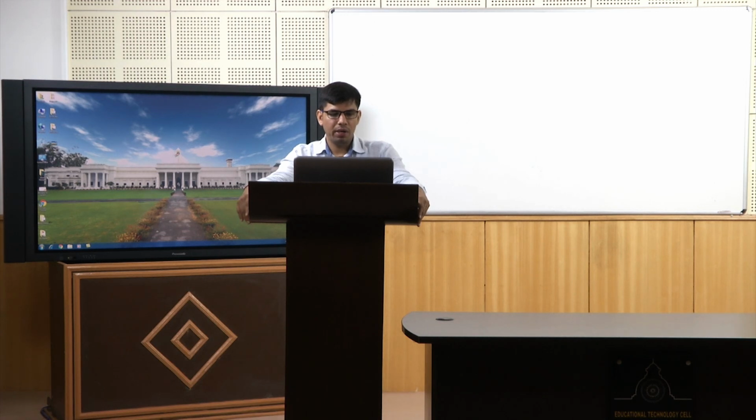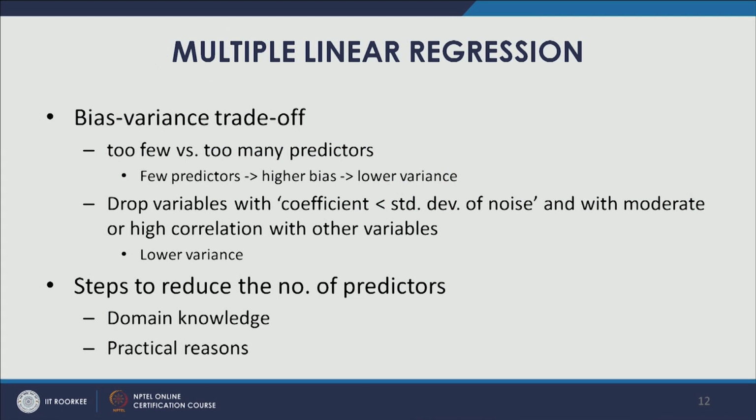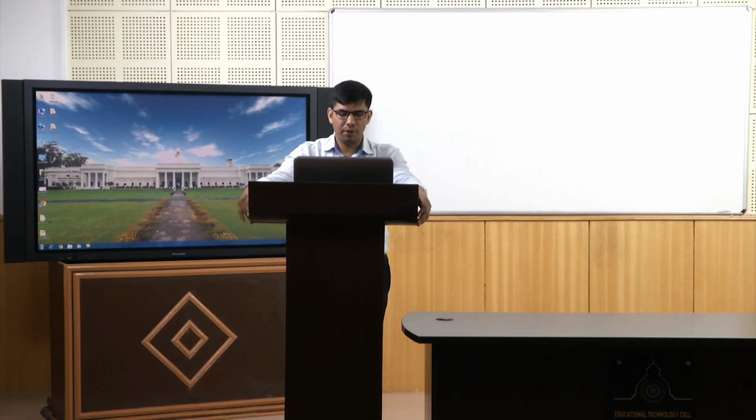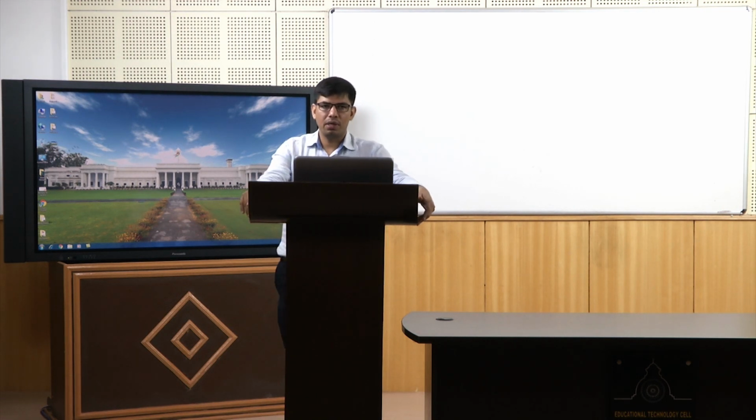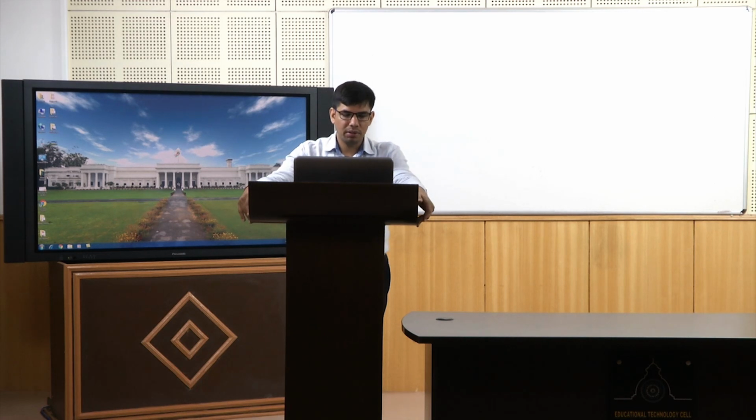We can drop variables with coefficients that are less than the standard deviation of noise, and with moderate or high correlation with other variables. As we discussed, if our predictors are moderately or highly correlated with other variables, and they also have a coefficient which is less than the standard deviation of noise, then they are good candidates for dropping.